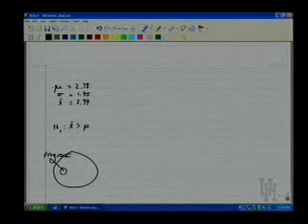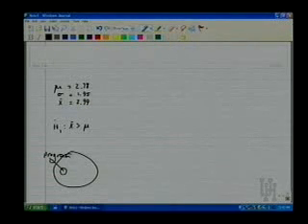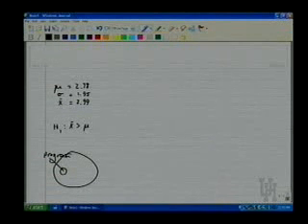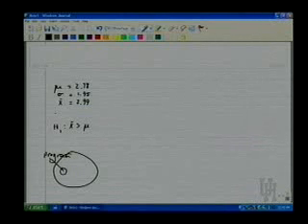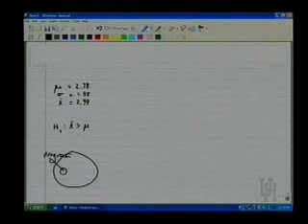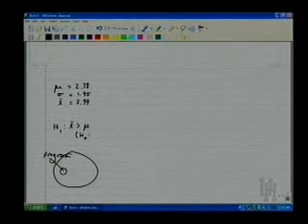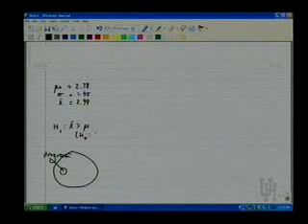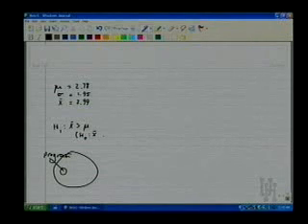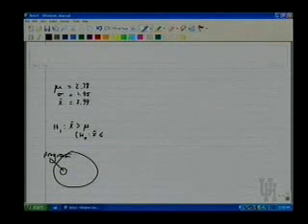The broader question is, how would you go about testing the effects of your program? And let's note immediately that there's something called the null hypothesis. The null hypothesis in this case is that X bar is less than or equal to mu.